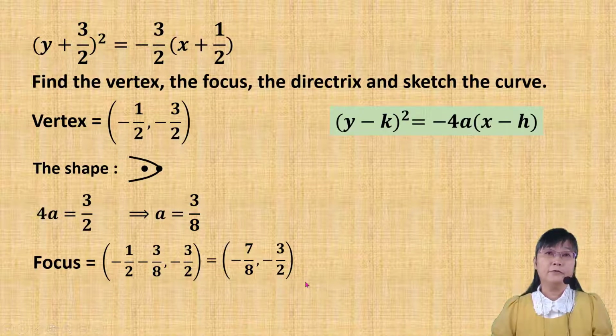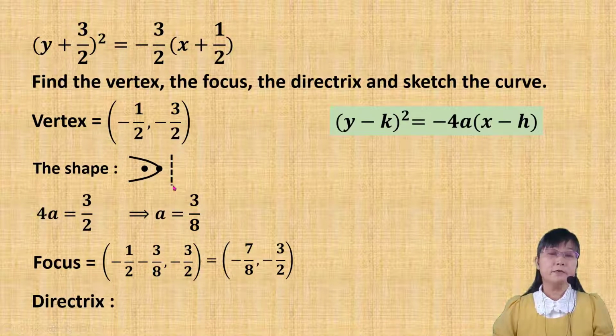Then, to find the directrix, since the shape of the parabola is a horizontal parabola, the directrix is a vertical straight line. To name a vertical straight line, we must use x. So now I'm going to find the value of x of this straight line. We know that the distance between the vertex and the straight line is equal to a.